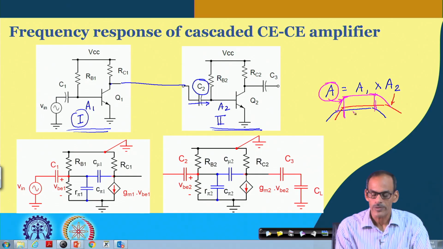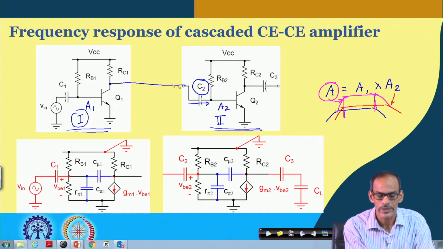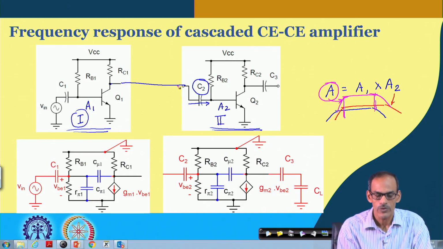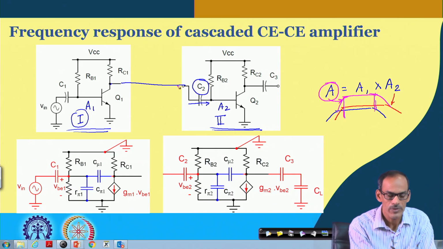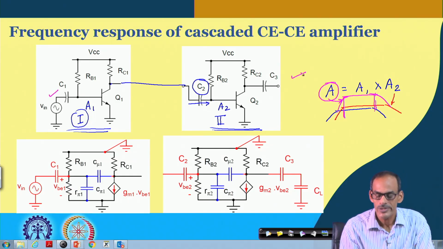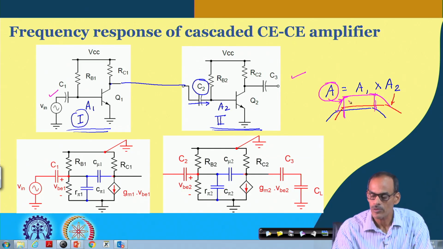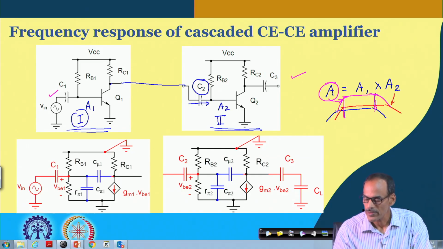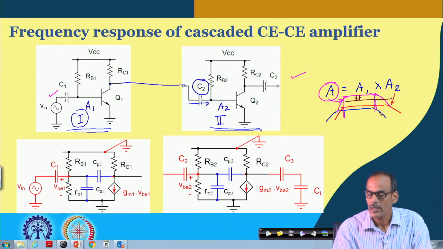But to our surprise, once we connect the circuit and make the observation from the primary input to the primary output, we will see a significant change in this gain. The gain may drop to some other value, and the upper cutoff frequency may also come down.